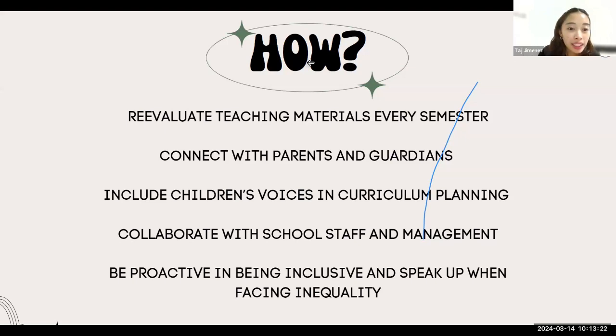The next one is to include children in your curriculum planning. Just as I mentioned a while ago, when you're curriculum planning and you see that something is not working for your classroom, you may want to reevaluate. For example, in the way that you are teaching new vocabulary, for older children, maybe the ones in primary school.